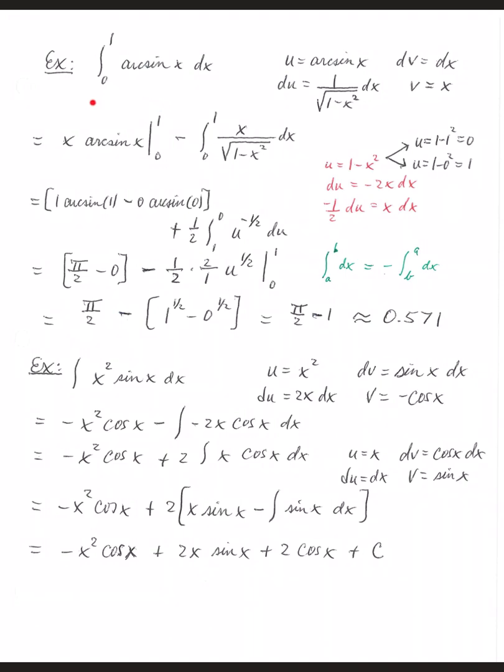Meanwhile, up here, using the fundamental theorem of calculus, we have the top number subbed in, that's 1 times arc sine of 1 minus 0 times arc sine of 0. Well, the angle that has a sine value of 1 is pi over 2. The angle that has a sine value of 0 is 0. So this first bracket simplifies to pi over 2.